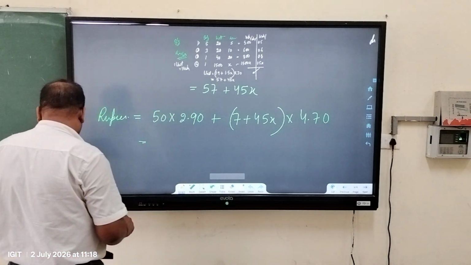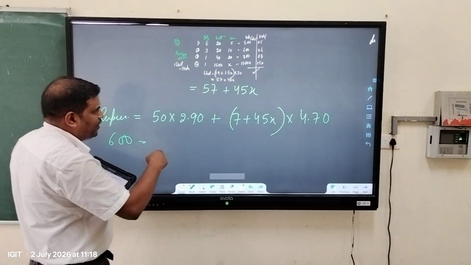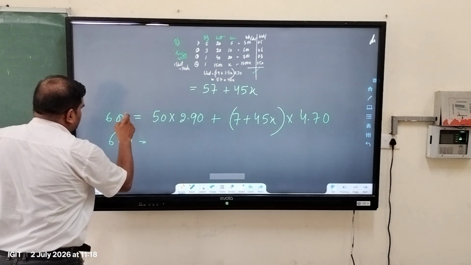If you solve this, what is the total amount to pay? 600. The total amount of rupees being paid is 600.